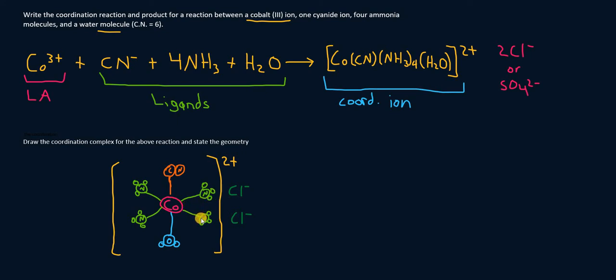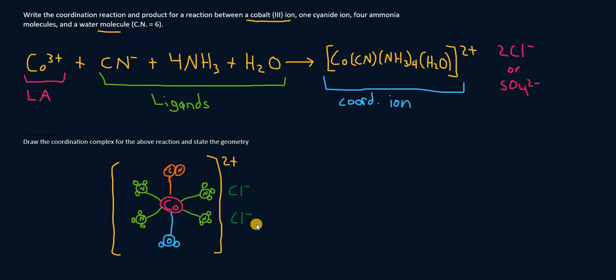So we have an ammonia here, here, here, and here. And we have our water down here coming toward the bottom. And remember, it's a charged ion, so we have our charge out here. And then just write your counter ions outside the brackets. Here I'm just balancing it with 2 Cl- ions, and that's going to be the total of my counter ions. So that's how you would draw it.